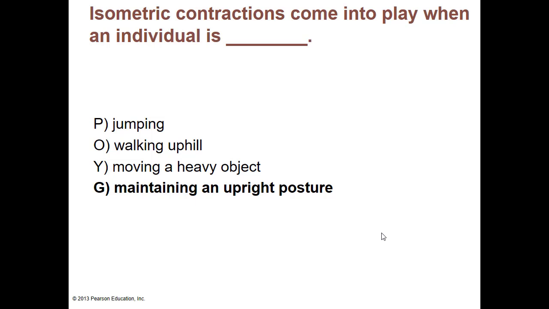The fact that you are sitting there right now, are you using muscles? Yeah. However, if you're just sitting there writing notes down, are the muscles in your back moving? Are they lengthening? No, they're just there. They're staying in an isometric contraction. They're not changing in length, but it allows you to stay in an upright posture and not fall over in your chair. So your muscles are contracting, they're staying the same length, and that allows you to stay put so that you don't fall over.